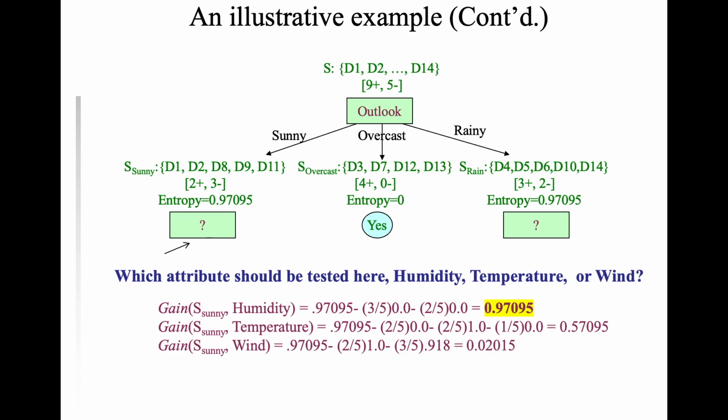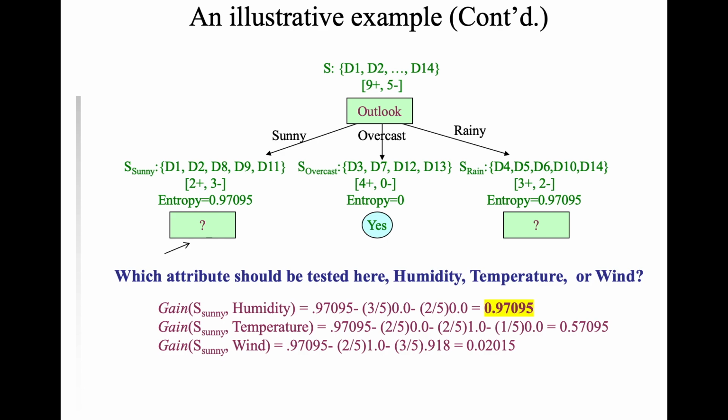So entropy is 0. And how about the entropy of S sunny and humidity normal? Again 0, because all the instances. So we reached that ideal split. Now we have the purest in each of the branches.